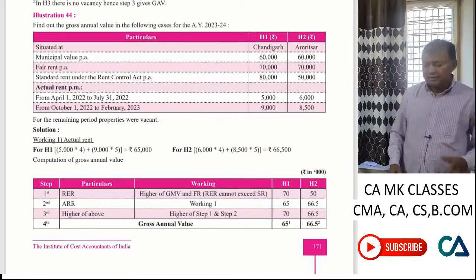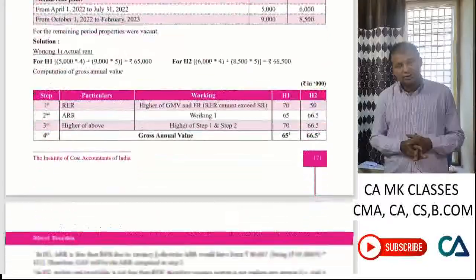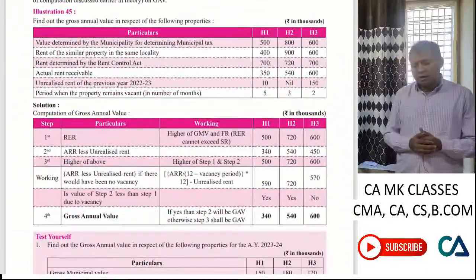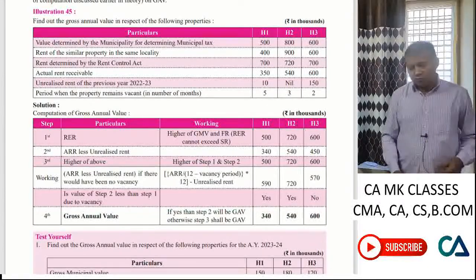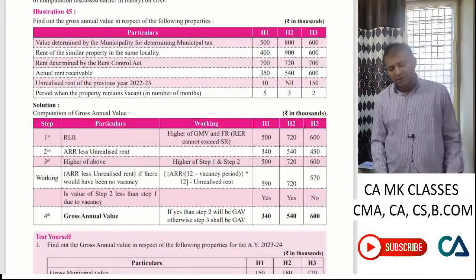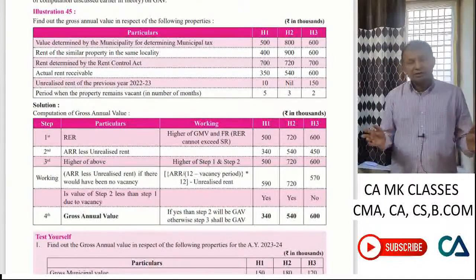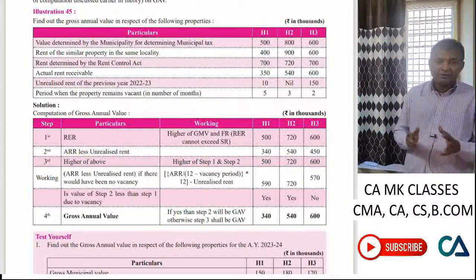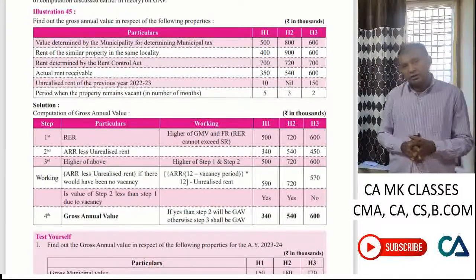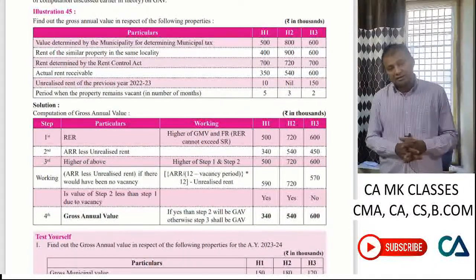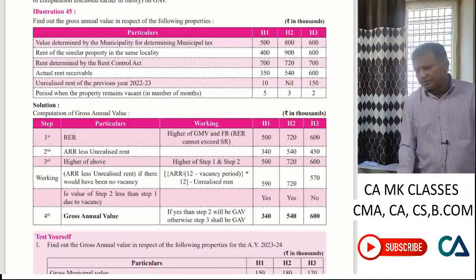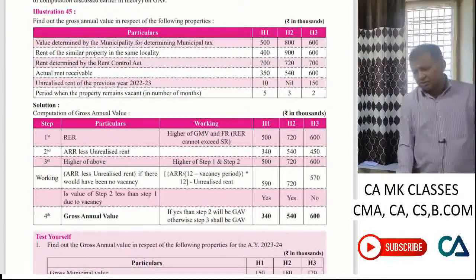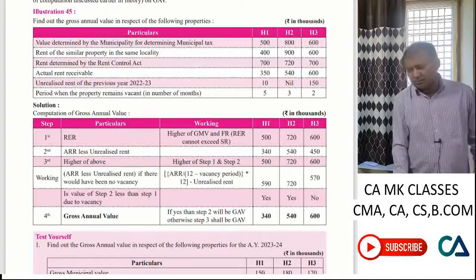Here there are 3 house properties and we have to calculate the annual value. So problems 38 to 45 all are concerned with the determination of annual value or expected rent or reasonable expected rent. Friends, with this we will start with the problems.